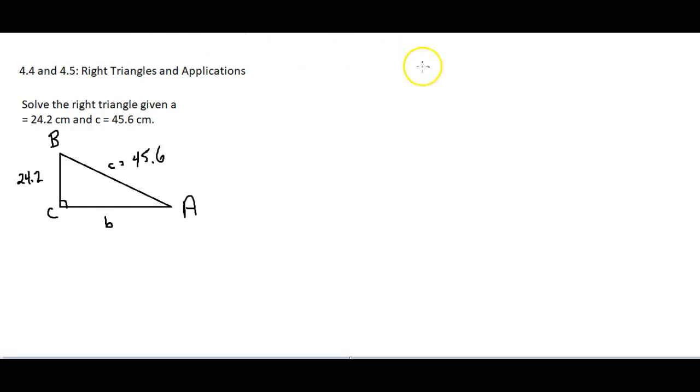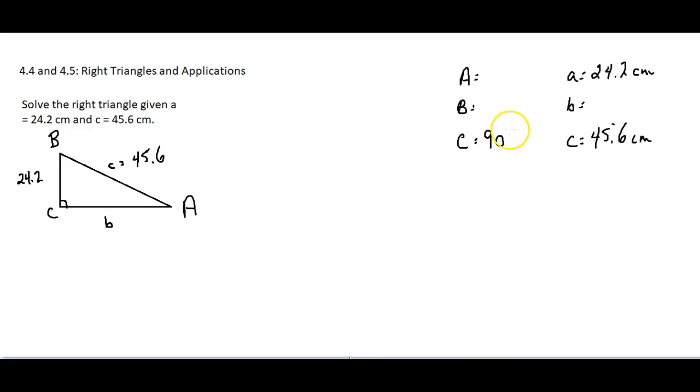Alright, so just to keep track of what we will be solving for again, we're going to have A, B, C, and side A, side B, side C. We were given side A at 24.2 centimeters and side C at 45.6 centimeters. And we know this is a 90 because we were told it was a right triangle.